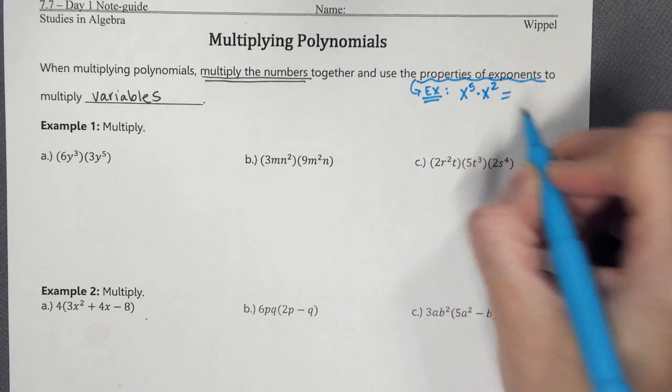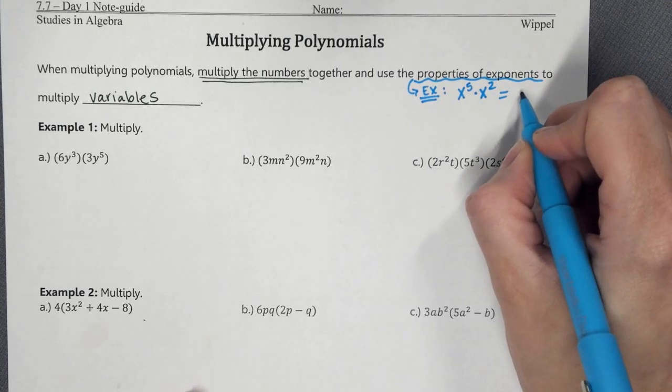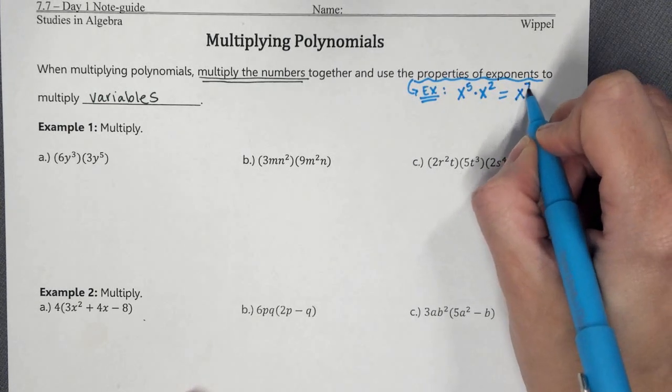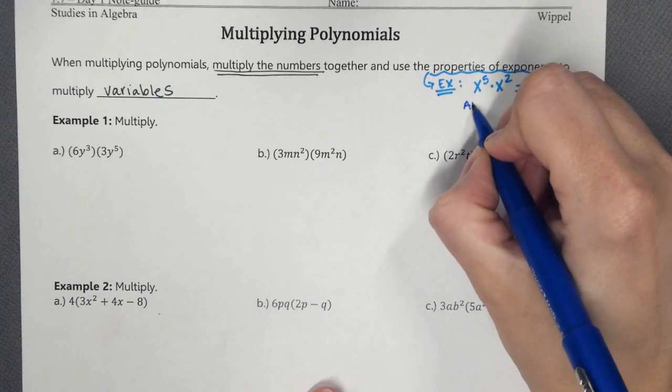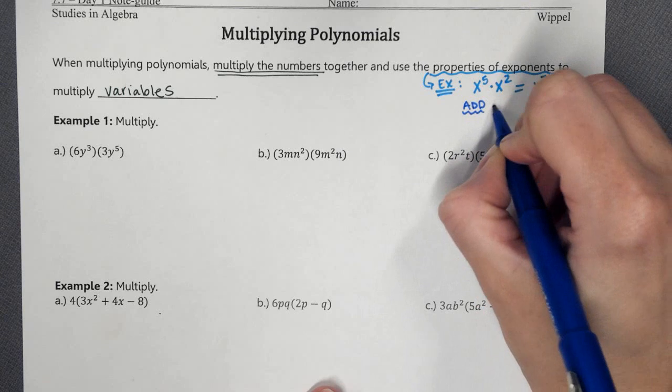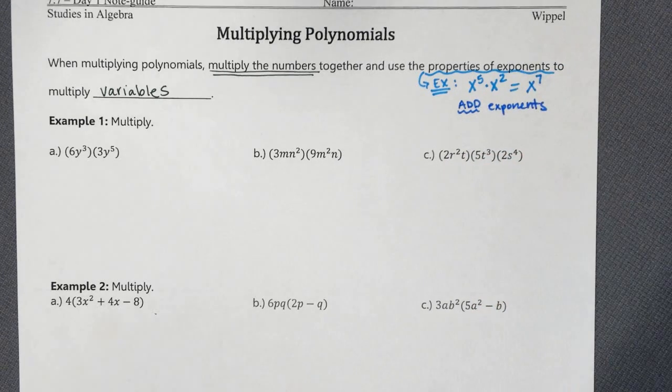When you multiply and they have the same base? That's right. You have to add them together. So when you multiply with the same base, you are going to add the exponents together.